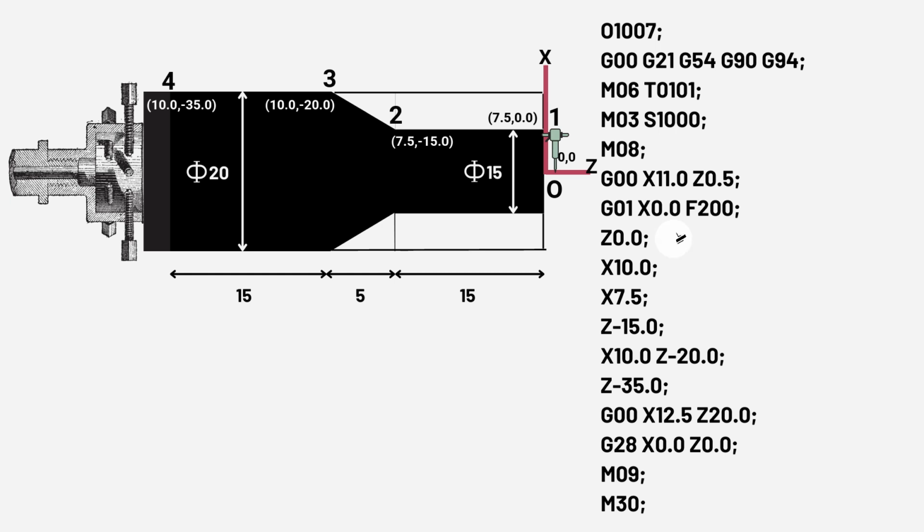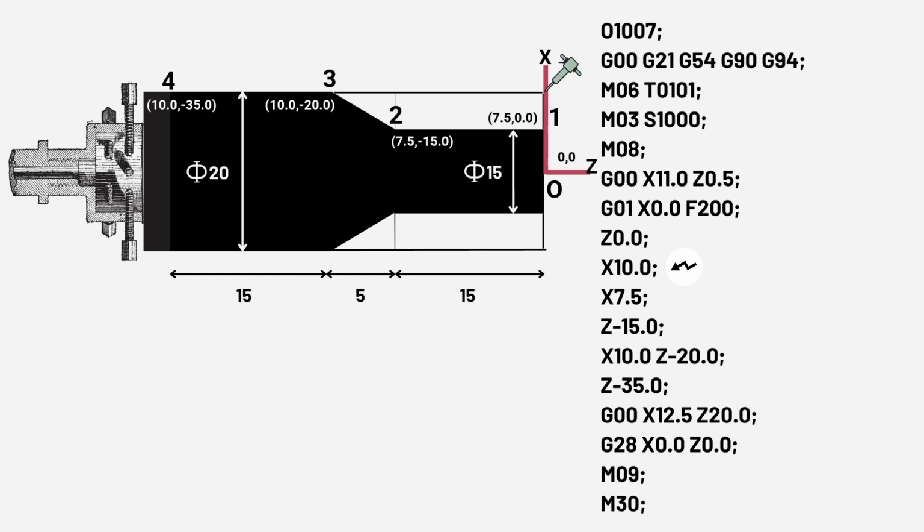Now the tool has come to the 0.0 datum position corresponding to the x-axis, but it's still 0.5 mm away from the datum corresponding to the z-axis. So in this line, we are getting the tool exactly at the datum position by providing the command Z0.0. Now to get the tool smoothly to point 1, we need to first get the tool to one of the diametrical ends of the workpiece.